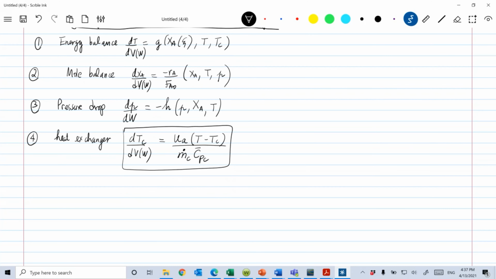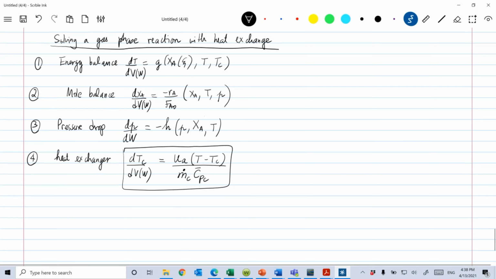If the mass flow rate of your coolant, I keep saying molar, but if the mass flow of your coolant is very high, then your dTc/dW is equal to 0. So that's a constant, right? You can see it algebraically. It actually works out. And if it's changing, we may take a look at that.